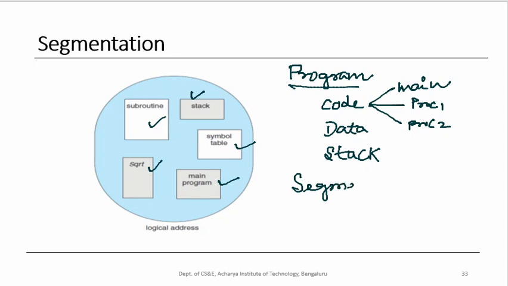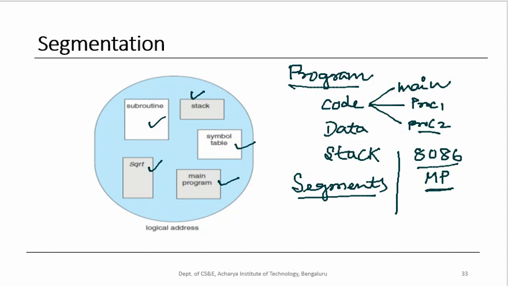The code part could be a code segment, or you can further divide that into main segment, procedure 1 segment, procedure 2 segment, and so on. Those of you who have knowledge of programming using the 8086 microprocessor, I think this has been removed from your syllabus and you have microcontroller in your syllabus.